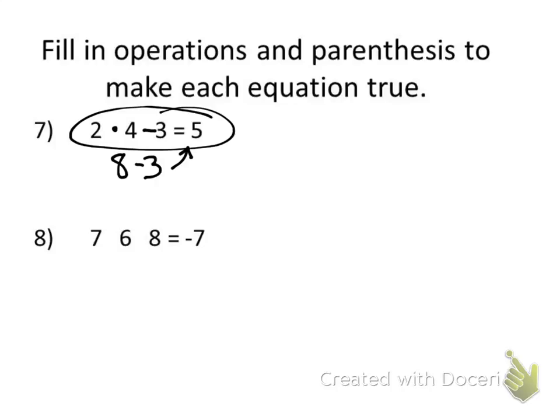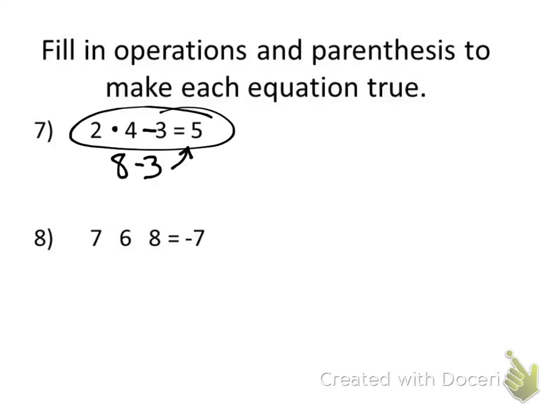Anything else you want to try on number 7, or you want to jump to 8? We can jump to 8. Anyone have any idea how we're going to make this one work? So 7, 6, 8, and I want a negative 7.